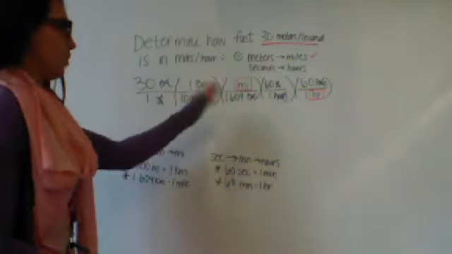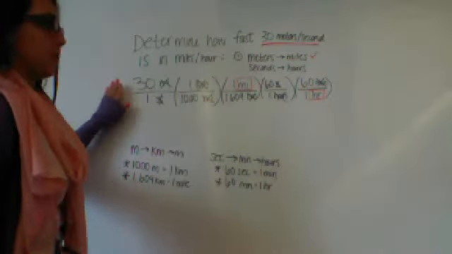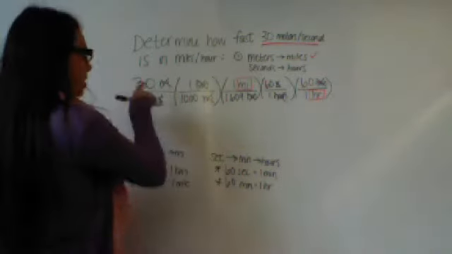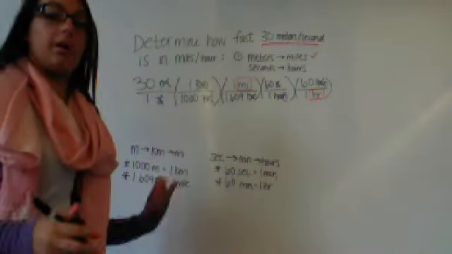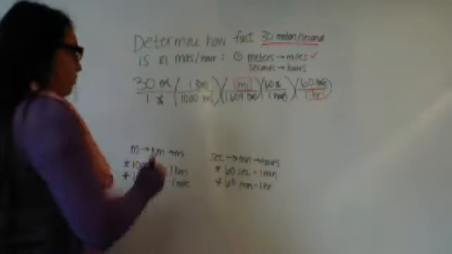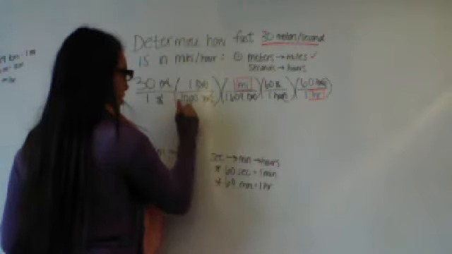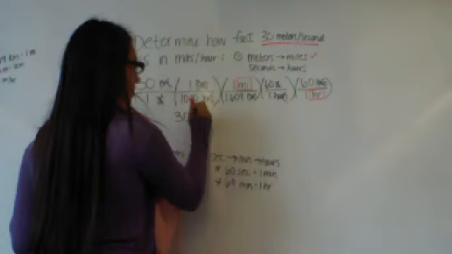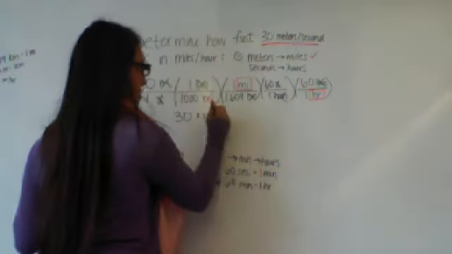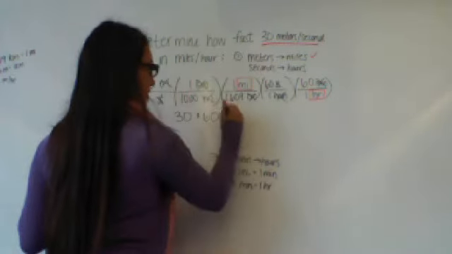So once we do all this out, we're going to multiply what's on the top, divide by what's on the bottom. So I'm going to leave out the ones, the 1 kilometer and the 1 mile, because anything times 1 is itself. So we're left with 30. Remember, all the units that cancel out, we don't need them anymore. 30 times 60 times 60.